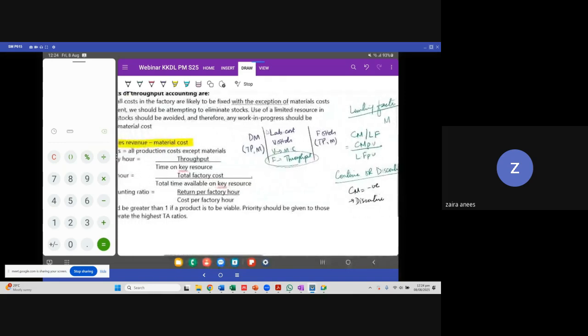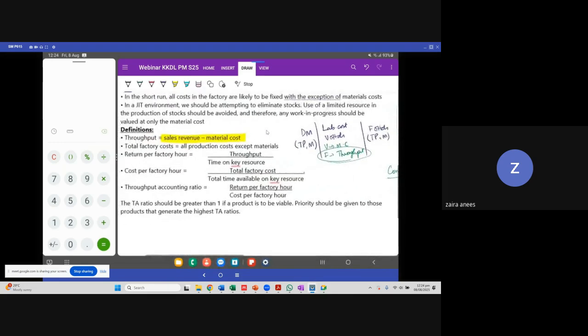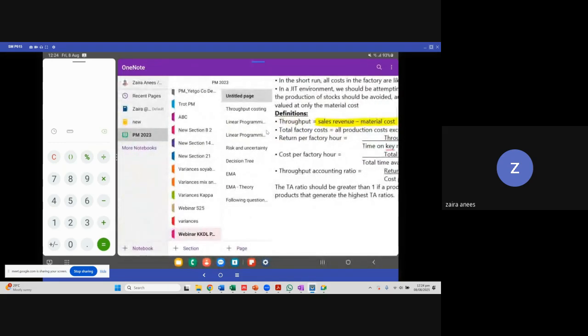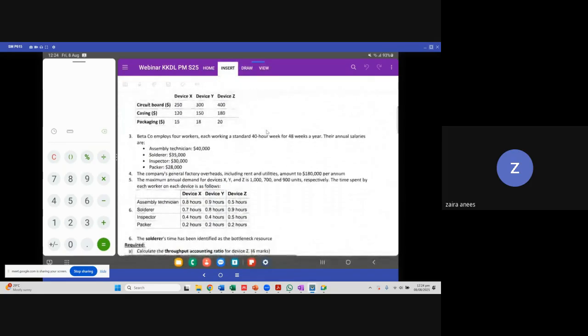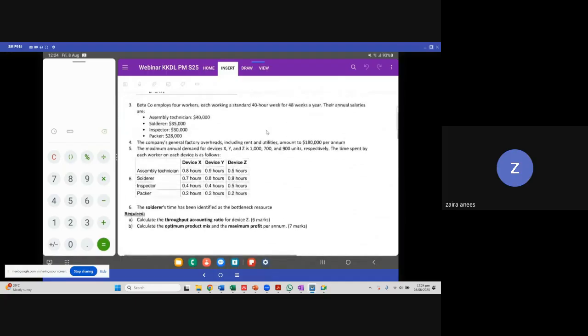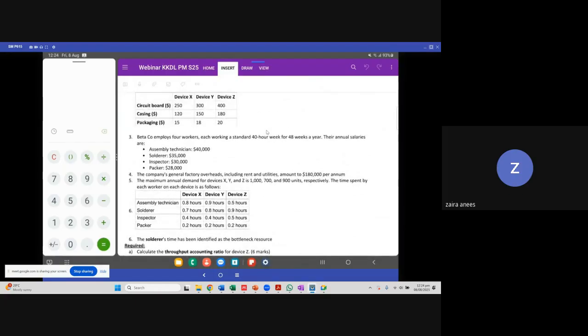So now we are going to start with a very simple question, or shall we do the MCQ directly? This is a short question, or shall we do the MCQ? In this part, we can revise everything. Let's quickly do this.